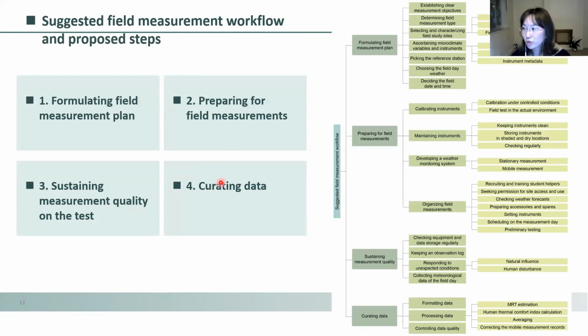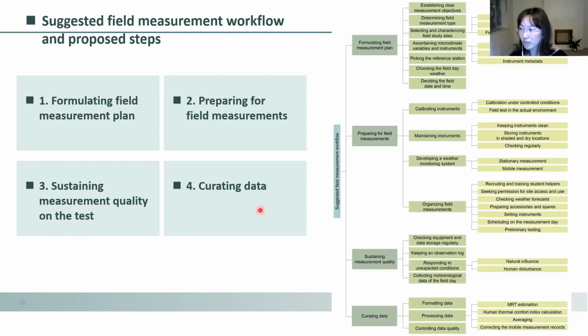So from the literature review, I found that many things can be done better in future climate field measurement. So my colleagues and I proposed a field measurement workflow and guidelines, and we suggest a 4-step workflow: formulating a field measurement plan, preparing for field measurement, sustaining measurement quality on the test, and curating data.